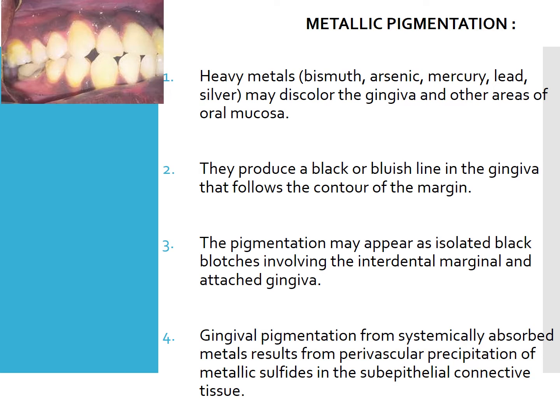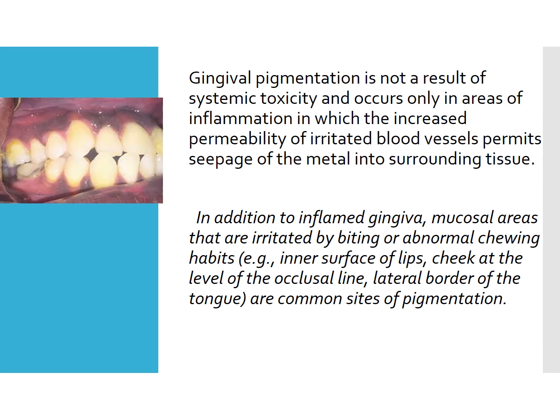This is gingival pigmentation from systemically absorbed metals. It is mainly due to absorption and perivascular precipitation of metallic sulfides in the subepithelial connective tissue. This gingival pigmentation is actually not the result of excessive intake of the metals or any toxicity. It occurs in areas of inflammation.